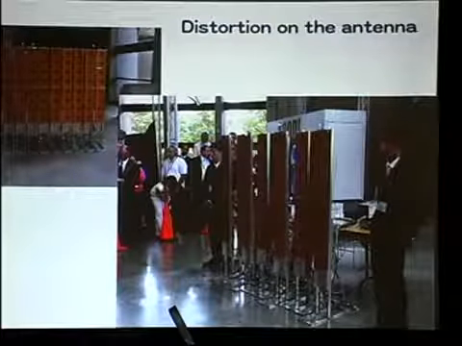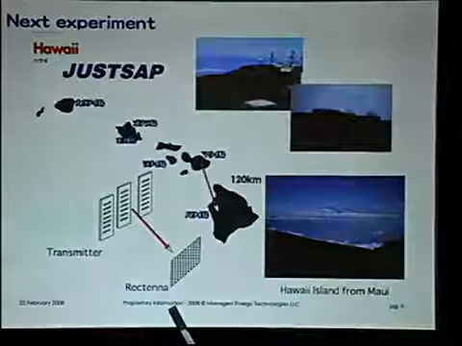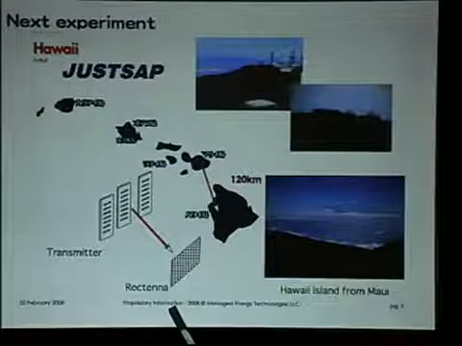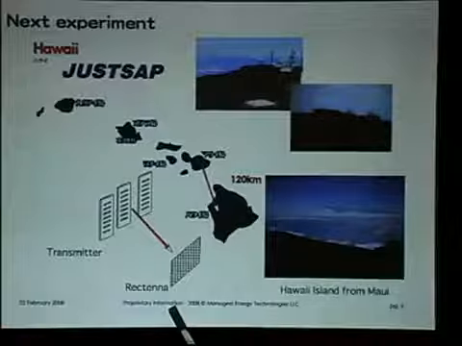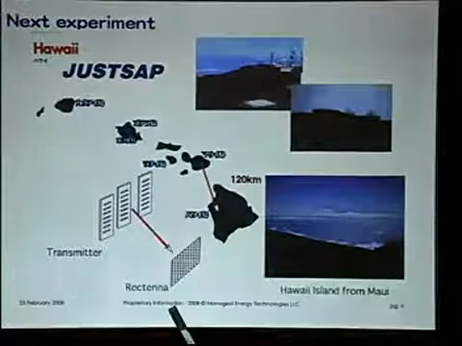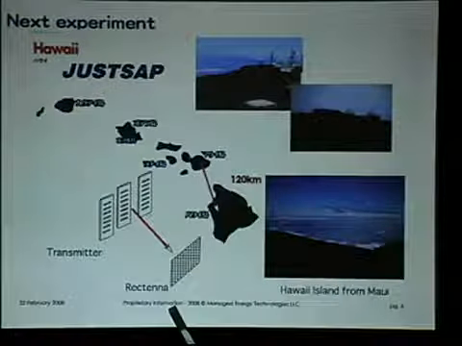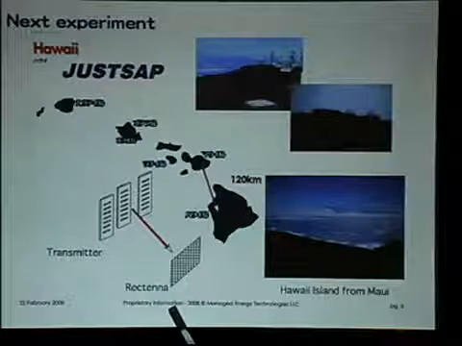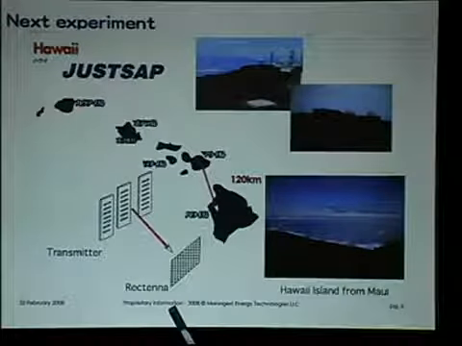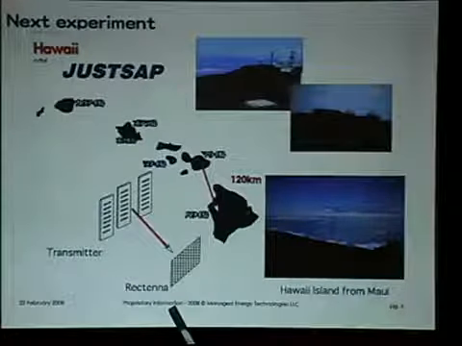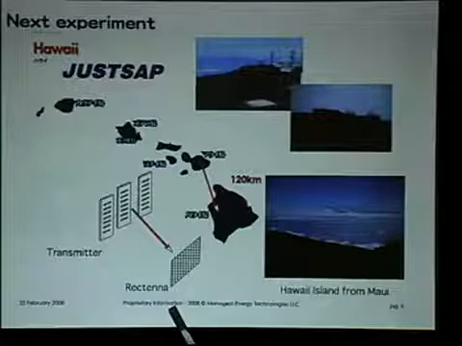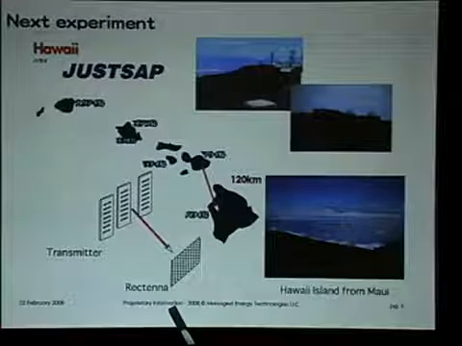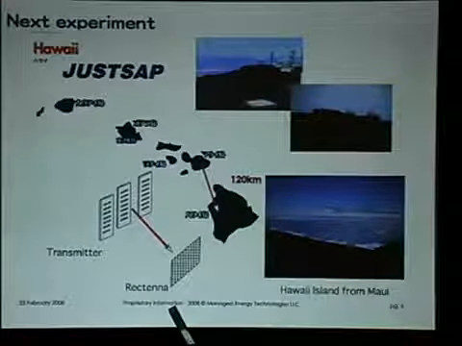So next experiment. We brought our antenna to Hawaii. Maui Island has a very tall volcano called Haleakala, and the Hawaii Big Island has two big volcanoes, one of which is Mauna Loa.